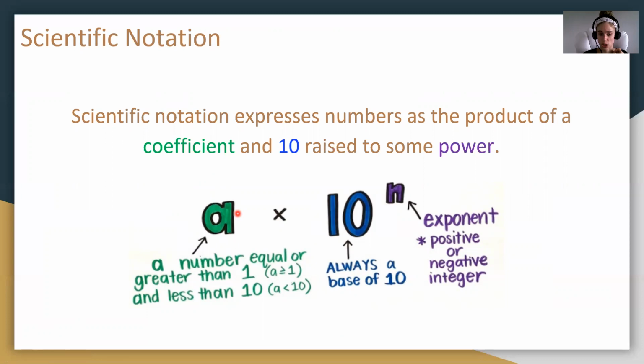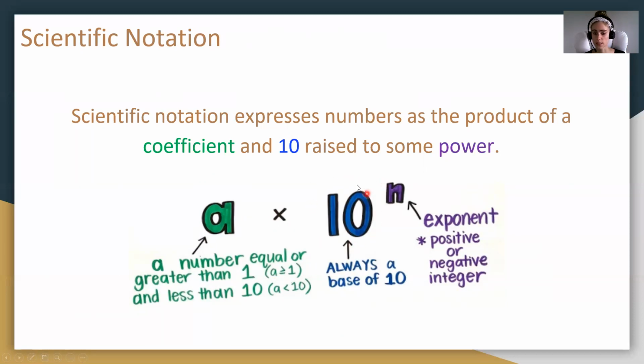That's going to be changing. It is some number that is greater than or equal to 1 and less than 10. Another way of saying that is we need to rewrite the numbers so that my coefficient is between 1 and 9. And then it's multiplied by 10 to some power.